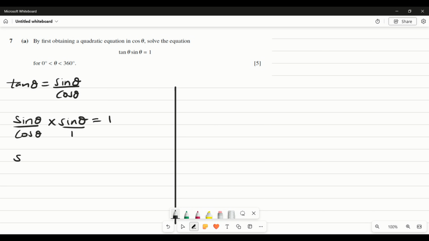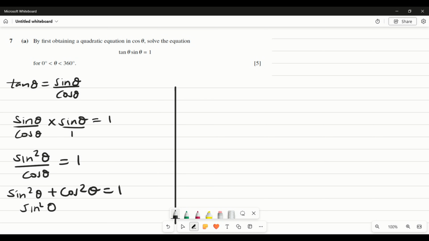You can have sine squared theta over cos theta equals 1. And you know very well that sine squared theta plus cosine squared theta equals 1. So this means that sine squared theta is the same as 1 minus cosine squared theta.